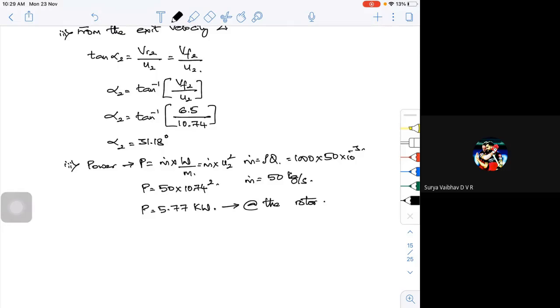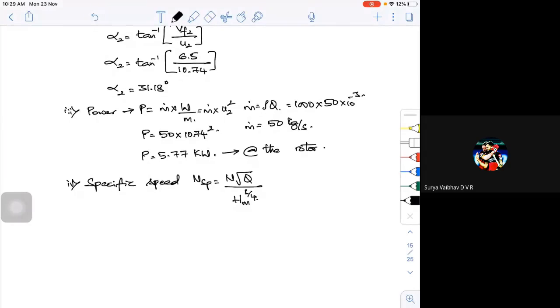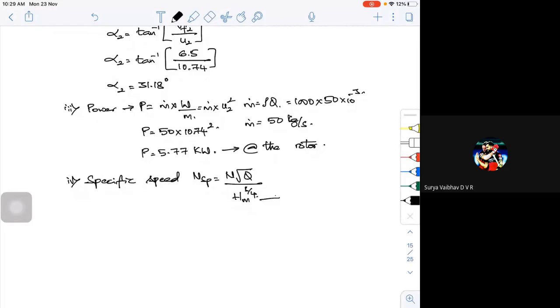Now the last quantity: I need to find the specific speed of the pump. That is NSP, which is given by N root Q divided by H to the power of 3 by 4, where H is the manometric head. Don't ever substitute your Euler head here; you always have to substitute the head under which the pump works, that is the manometric head.